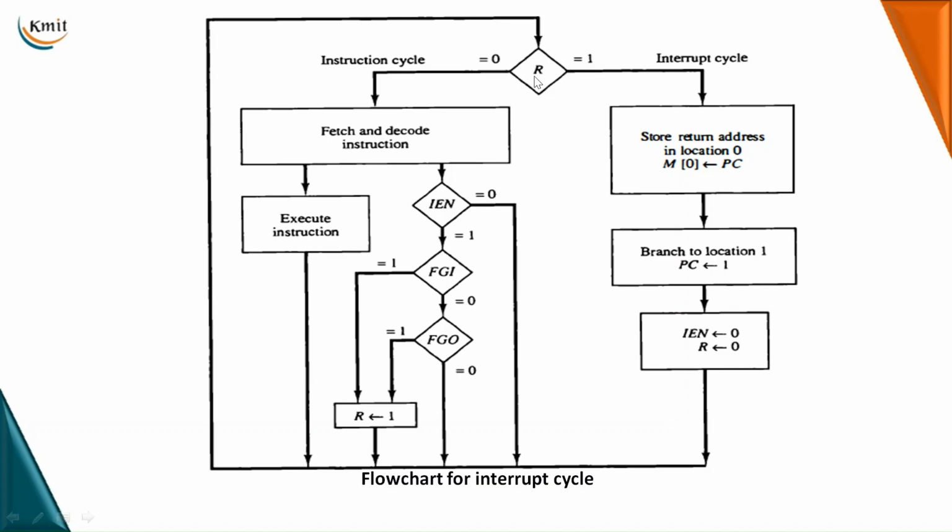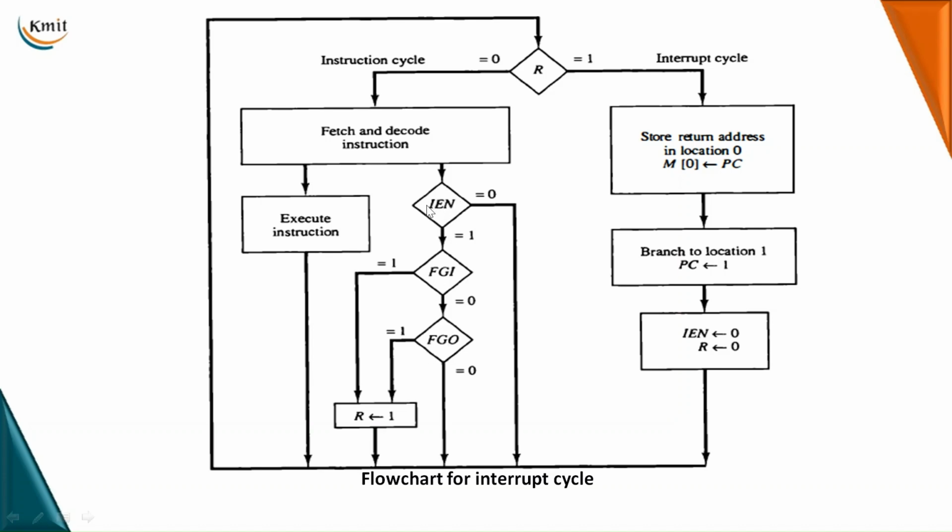Normally, the execution of a program starts with the instruction cycle, and the CPU fetches and decodes the instructions. After fetching and decoding, it continues with the execution of the instruction. Meanwhile, while this instruction is being executed, the control of the computer keeps checking the flag bits of the input output devices.